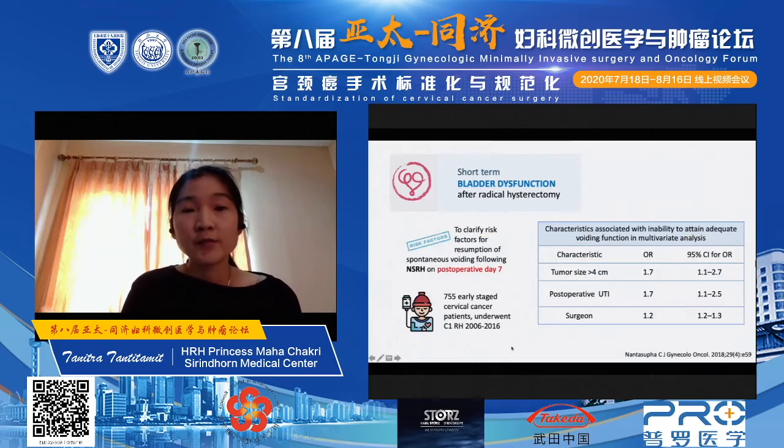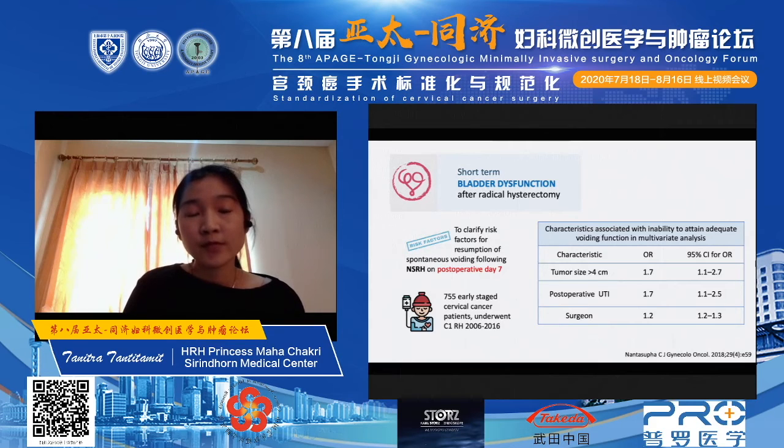What is the risk of this problem? The risk of short-term bladder dysfunction has been studied. One study clarified the risk for resumption of spontaneous voiding following nerve-sparing radical hysterectomy on post-operative day 7. This study consisted of patients with early-stage cervical cancer.